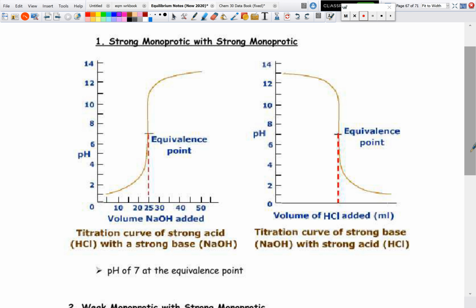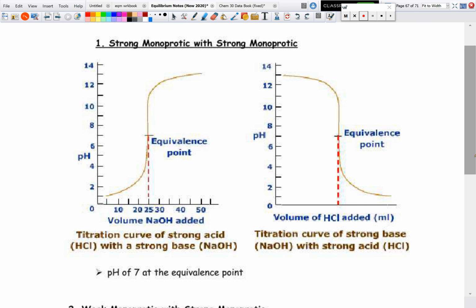So generally, this can be what we would expect for a strong monoprotic acid reacting with a strong monoprotic base. So you'll notice the endpoint is right in the middle, right at a pH of 7. Now, generally we can tell as well, at the beginning, before any titrant is added, that's going to be the pH of our sample inside of our Erlenmeyer flask.